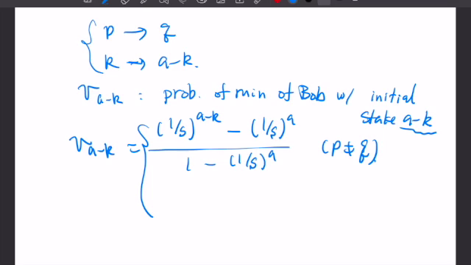Or it is k over a when p is equal to q is equal to 1/2.